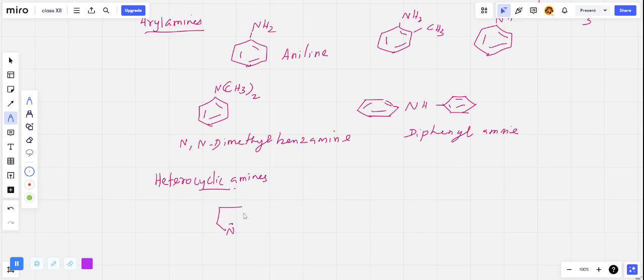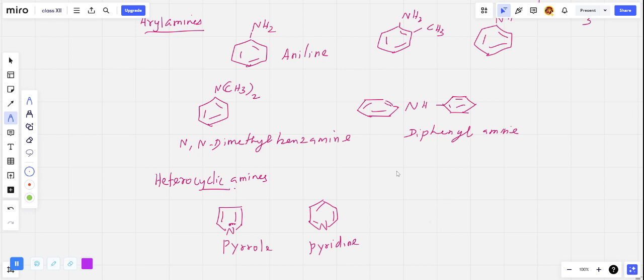So this is heterocyclic. This also comes under amine, but heterocyclic amine. This is pyrrole. Then this is pyridine.